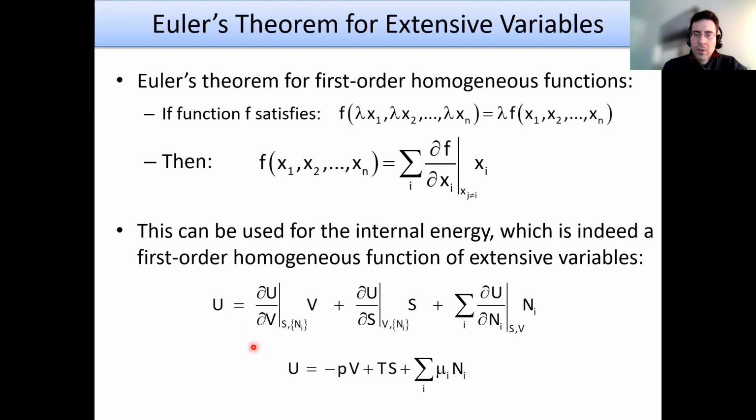But then from the equations that we discussed earlier, we know, for example, that dU/dV is equal to minus pressure, dU/dS equals plus temperature, and of course, this is the chemical potential. So this way, we end up with this relation, which is a very special relation, an application of Euler's theorem for the internal energy. And we're going to use this later when we talk about properties of functions in statistical mechanics.